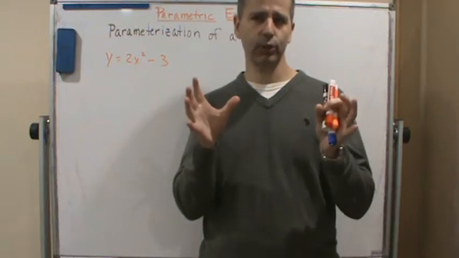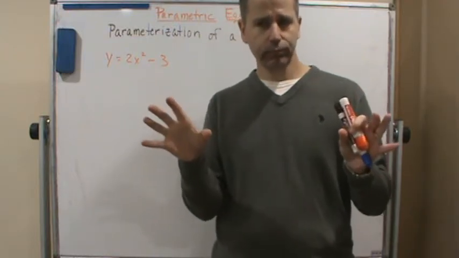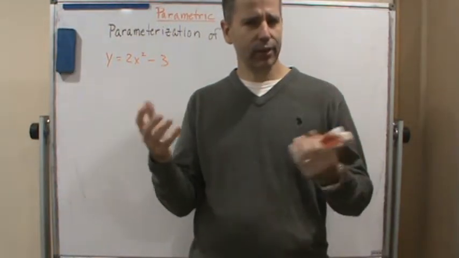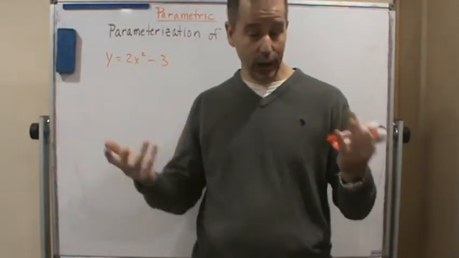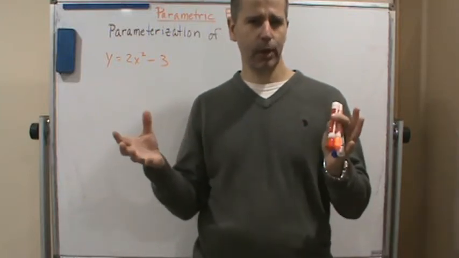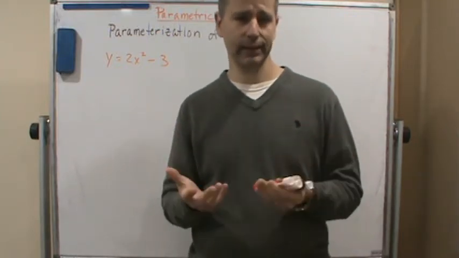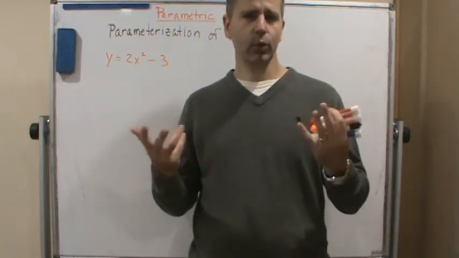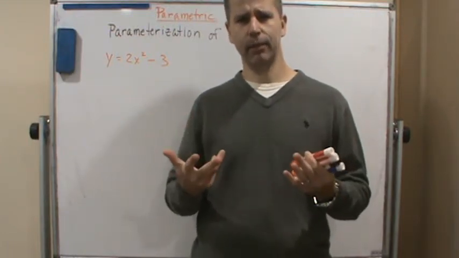If you're given an xy function and no parametric equations with it, you could split it up into two parametric equations in many different ways. So there isn't really a right answer.